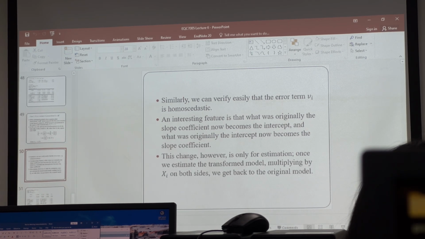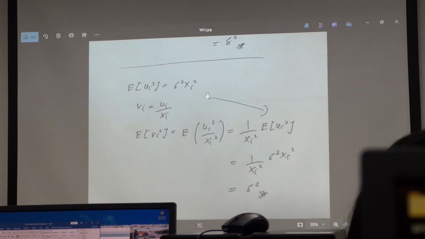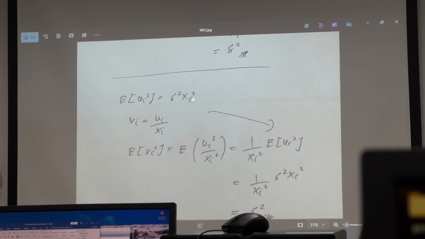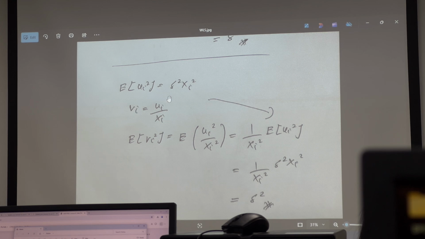You refer to this one for a second case. Let's say the error variance is proportional to xi squared, which is given by this: the variance of ui equals sigma square xi square. So the transformed error term in the transformed equation is given by this. So if we take the square of this, you get this.